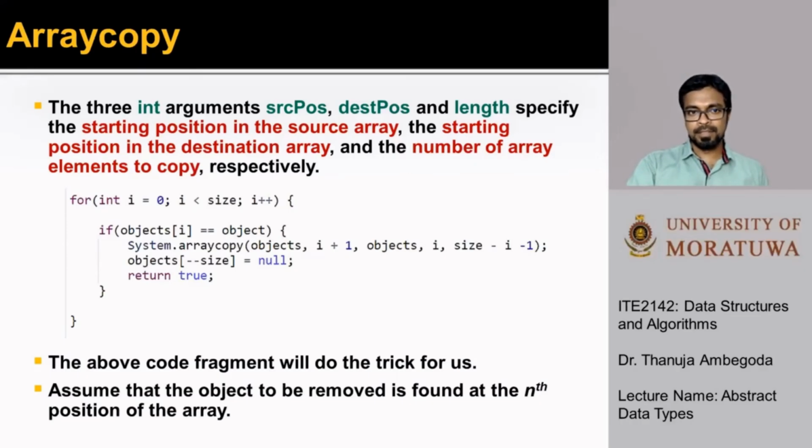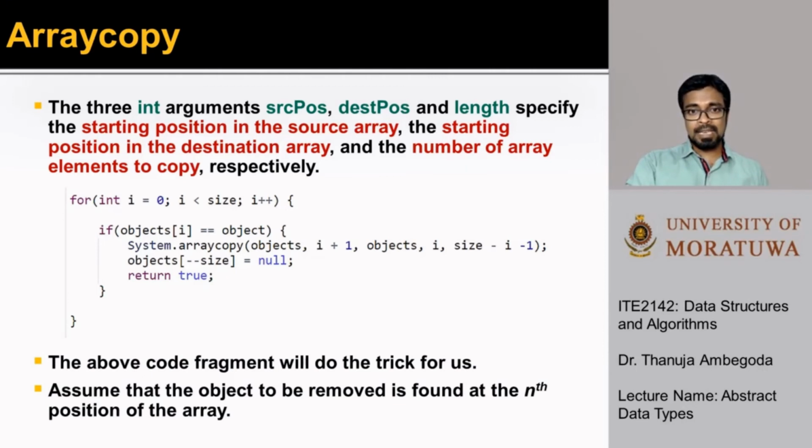The srcPos integer argument refers to the starting position in the source array. The destPos int argument refers to the starting position in the destination array. So the copying is done from the source array from the position specified by srcPos to the destination array at the position specified by destPos.